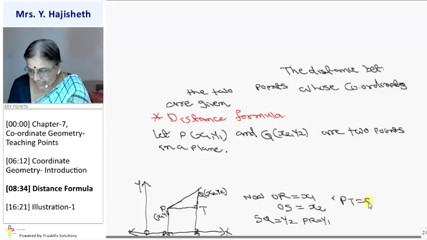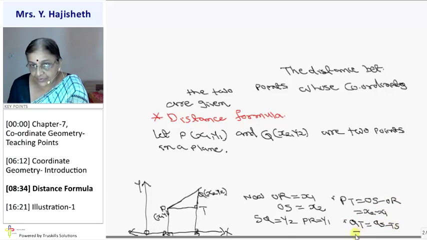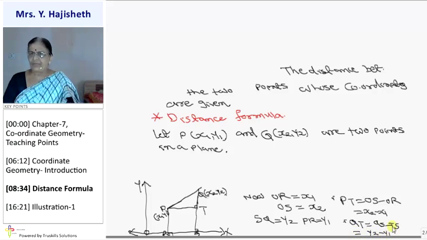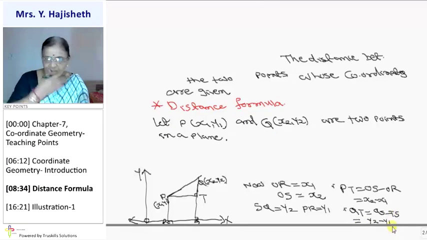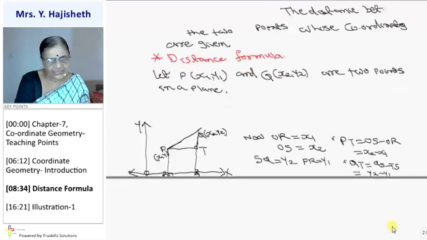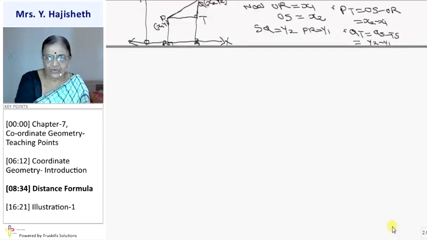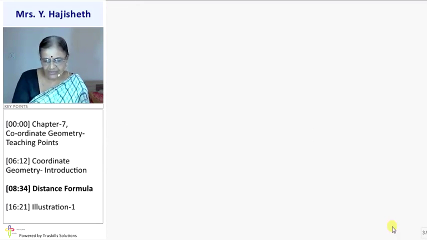PT is OS minus OR and that is x2 minus x1. Similarly, what is QT? It is QS minus TS and it is y2 minus y1. Got it? PT is x2 minus x1 and QT is y2 minus y1. Derivation is not in your course, but just to increase your knowledge, I am giving it to you.